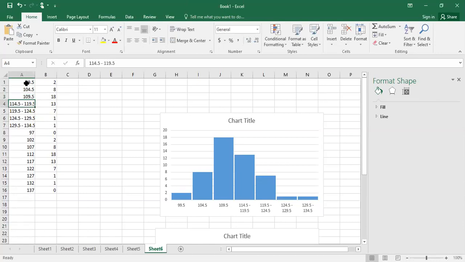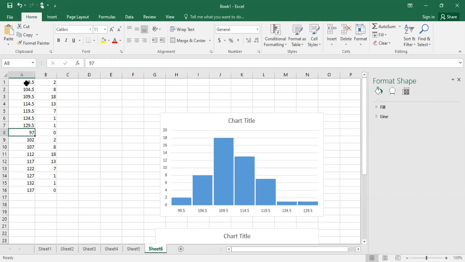This is just for those to be displayed on the graph. 114.5, 119.5, 124.5, 129.5, and 134.5.